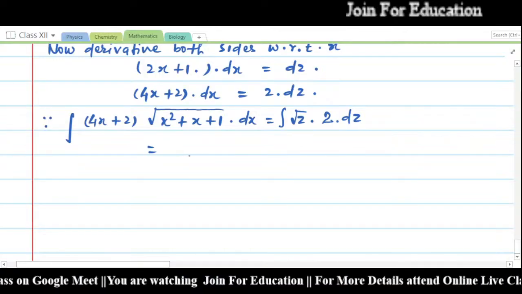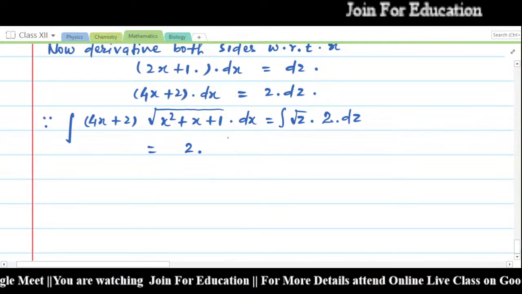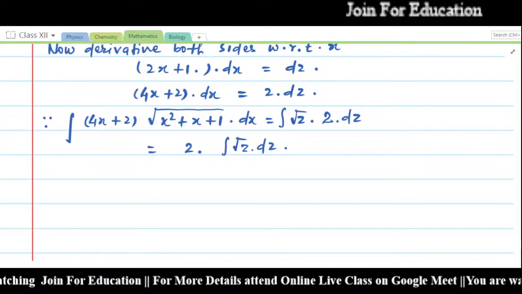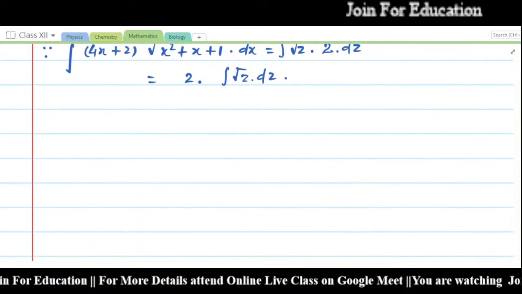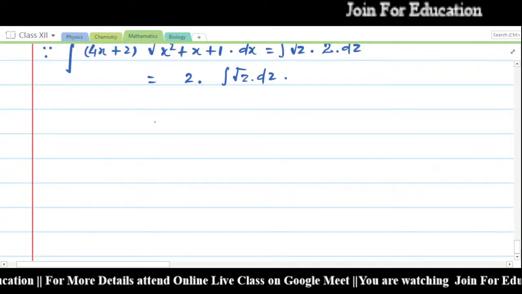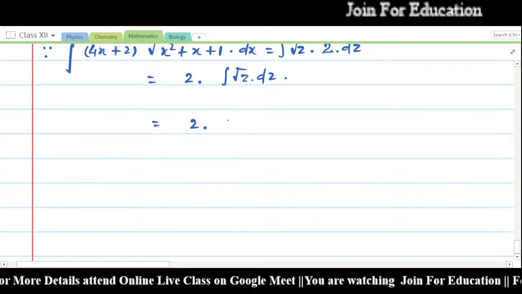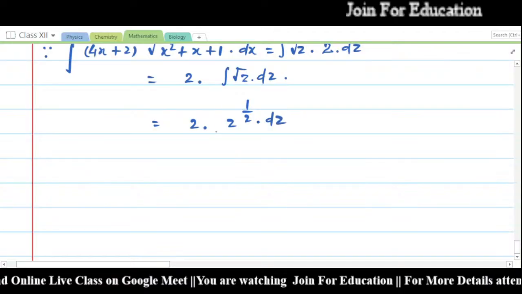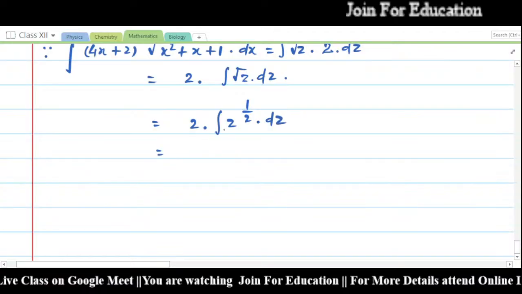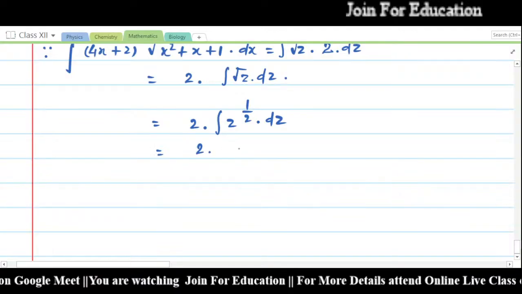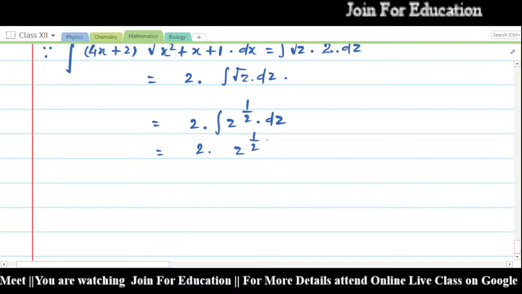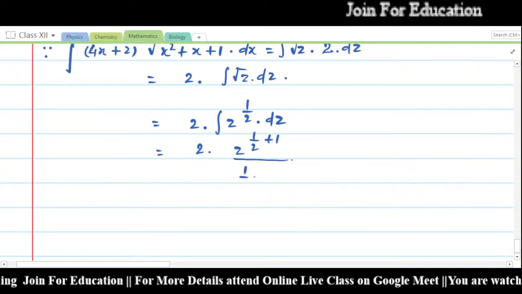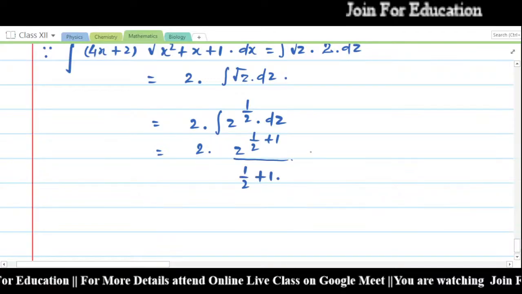So the next step will be 2 into under root z into dz, which equals 2 into z to the power 1 by 2 into dz, with the sign of integration. So we write down 2 into z to the power 1 by 2 plus 1 by 1 by 2 plus 1 plus c.